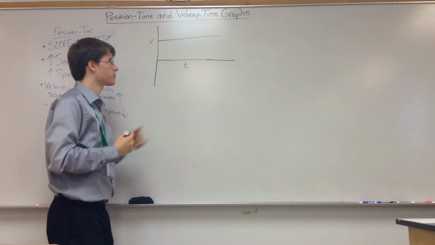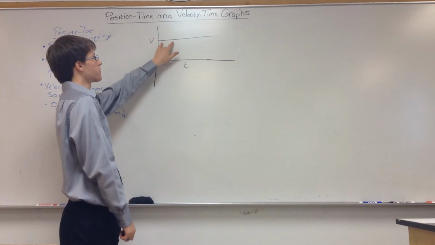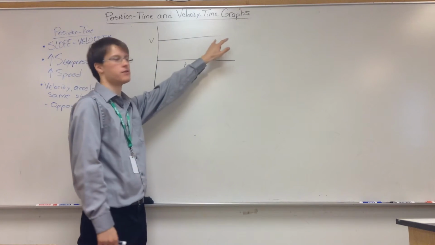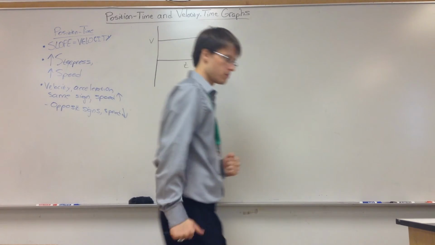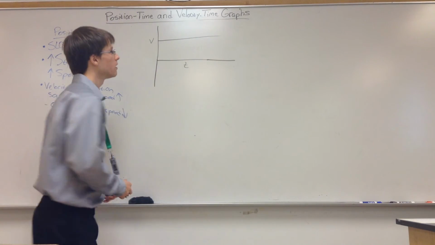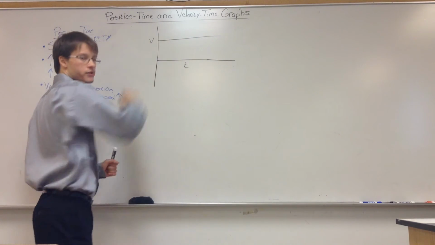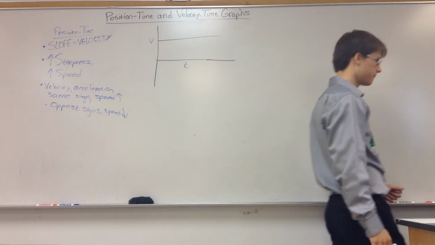Well, for position time graphs, this meant you were standing still, right? For velocity time graphs, it means your velocity is staying exactly the same as you progress through time. So this means that I'm moving like this. My velocity is not changing, I'm moving at a constant rate. Right? But up here also, what's the sign? It's positive. So it means that I'm moving in the positive direction at a constant rate.